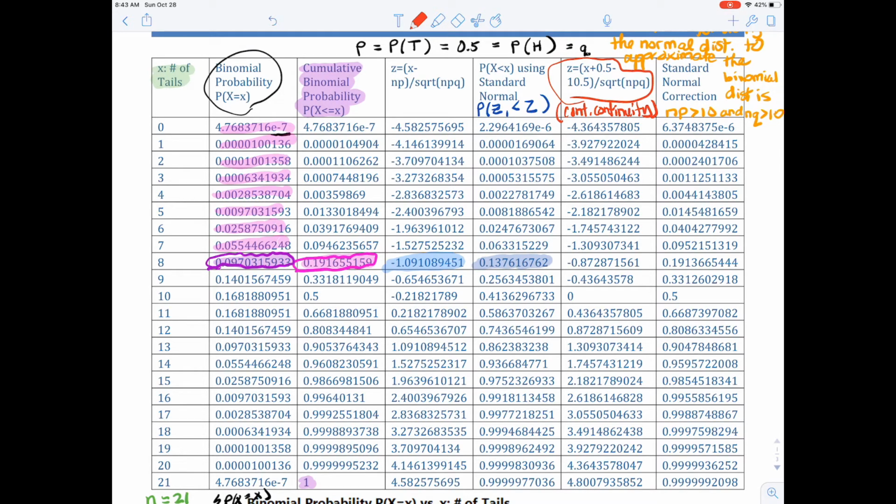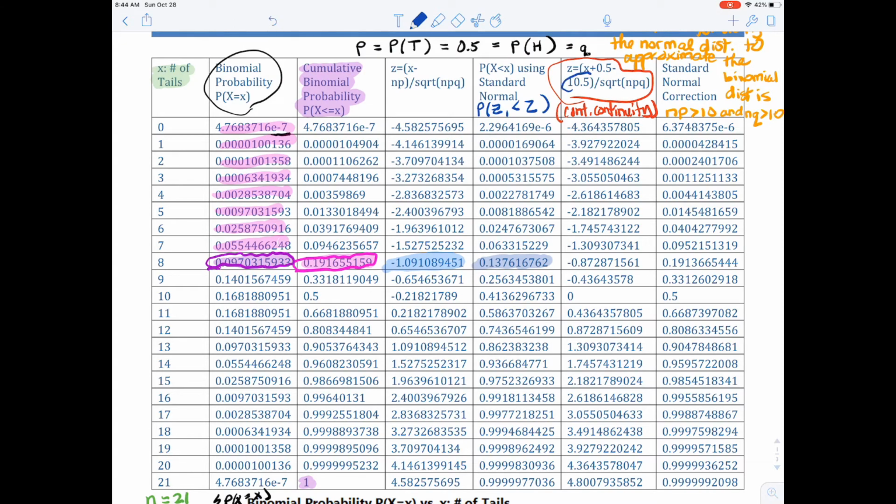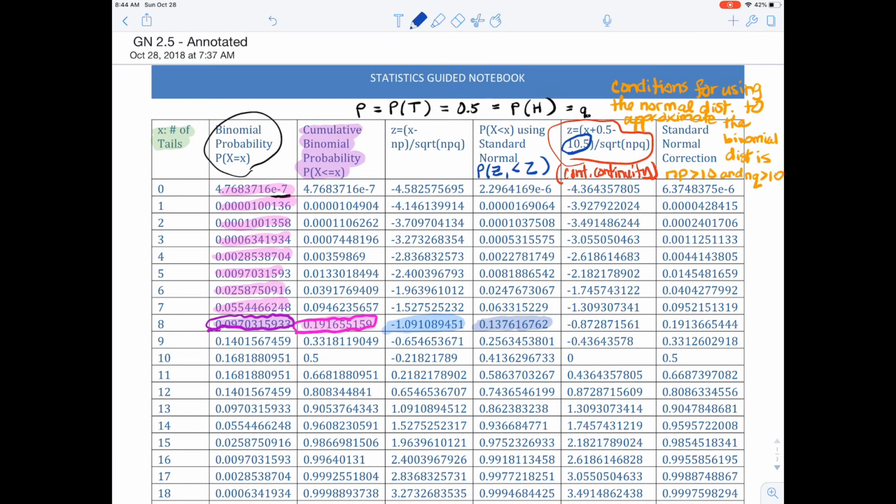So I just added 0.5. Now the 10.5 comes from the fact that, remember we figured out the mean. We had said the mean was equal to np. And so 10.5 is actually equal to 21 times 0.5. Okay, so np.